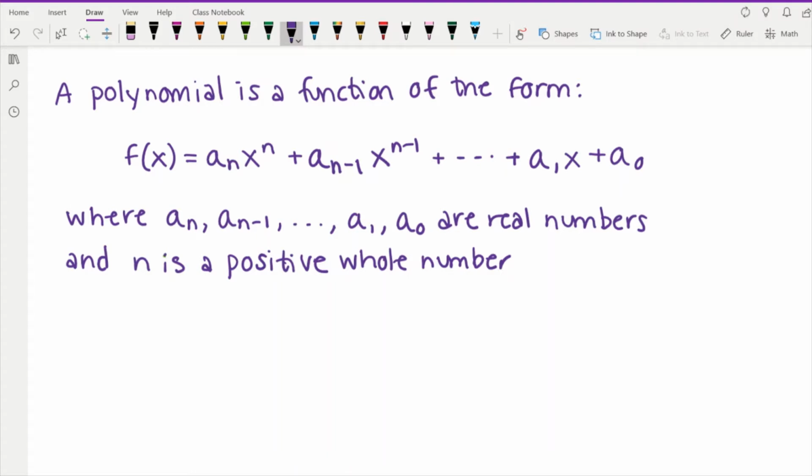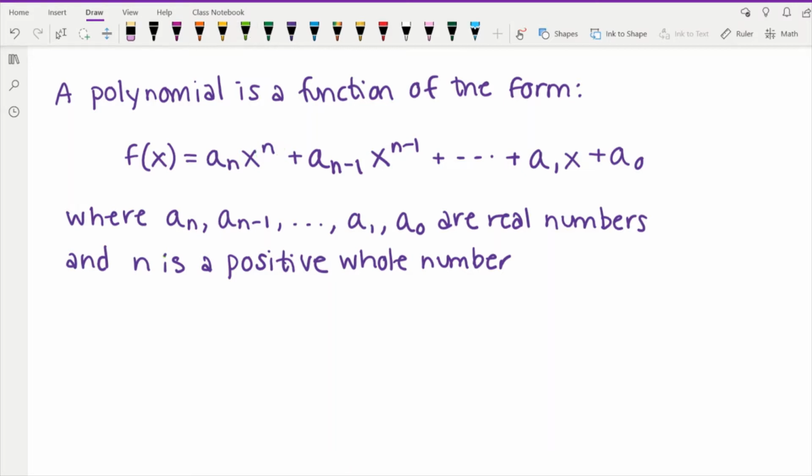And a polynomial can include any power of x, as long as that power is a positive whole number. And so that's why we use n here. N represents whatever the highest power in that polynomial is. And so we have to use n to be as general as possible, right? We don't want to say, oh, it has to be x to the 5th or x to the 10th or x squared. It can be any power of x.